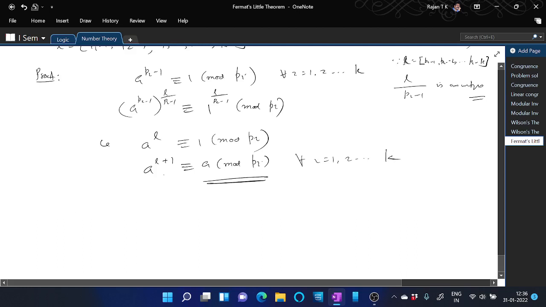That means A raised to L plus 1 is congruent to A mod P1, A raised to L plus 1 is congruent to A mod P2, etc. like that. Therefore, A raised to L plus 1 is congruent to A mod LCM of P1, P2, etc., Pk.